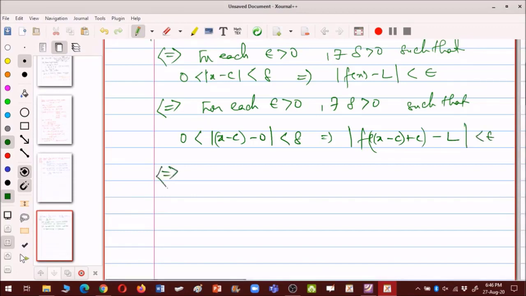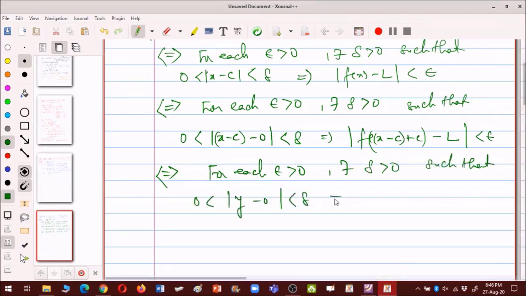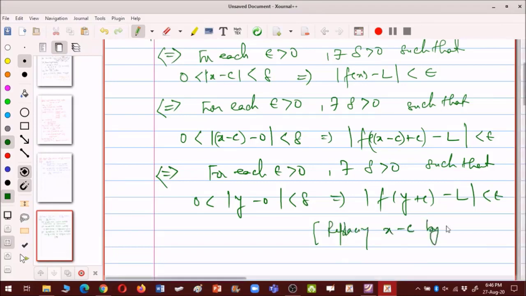And this is equivalent to writing, for each epsilon greater than 0 there exists delta greater than 0 such that 0 is less than |y minus 0| less than delta implies |f(y plus c) minus L| is less than epsilon. So what we are doing is replacing x minus c by y.